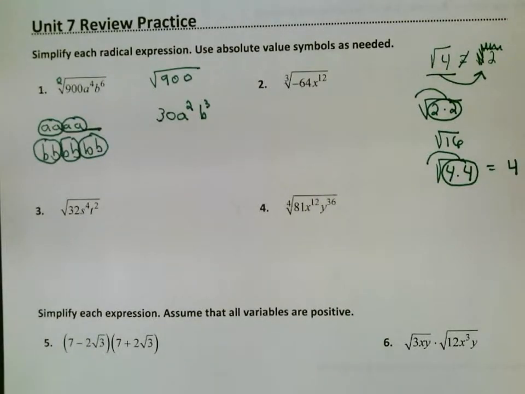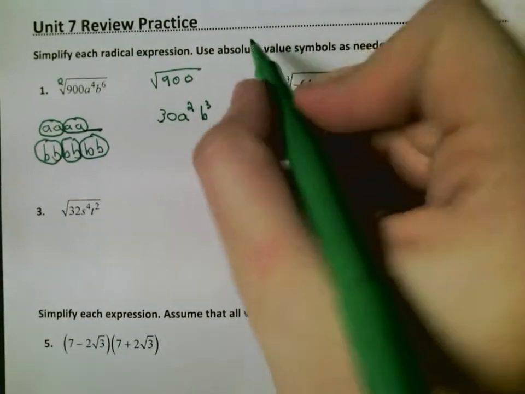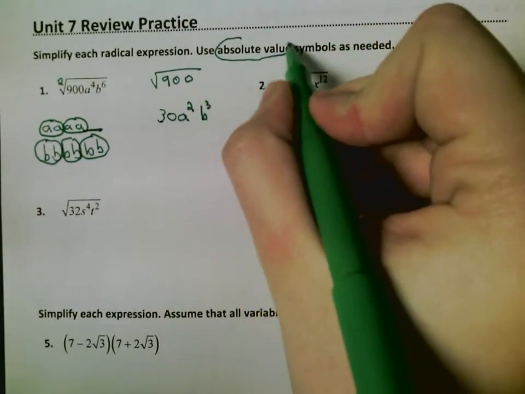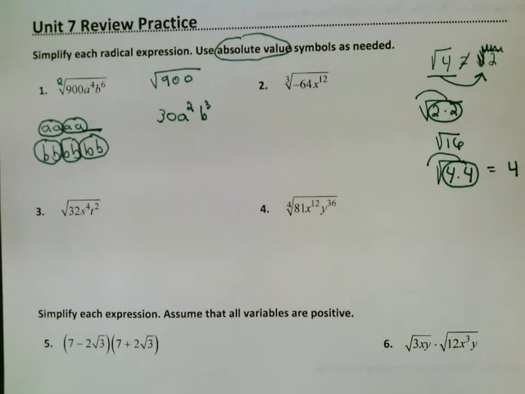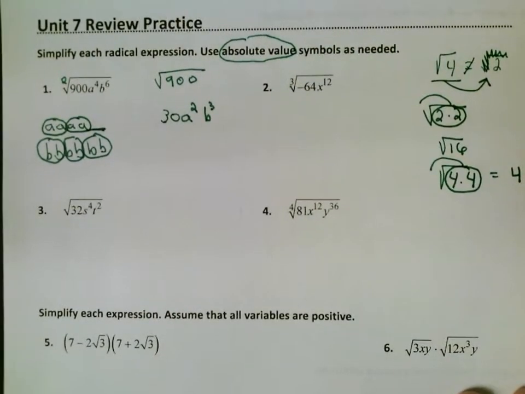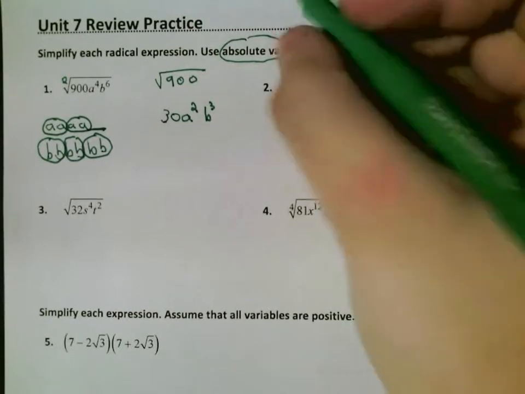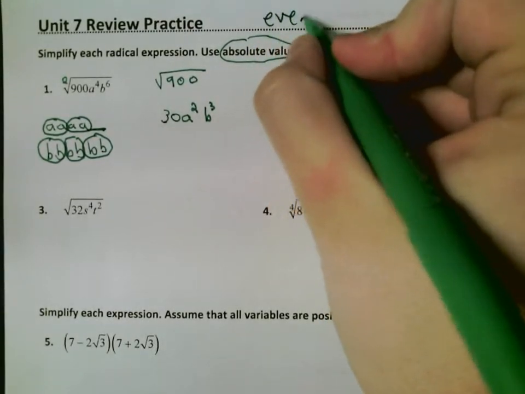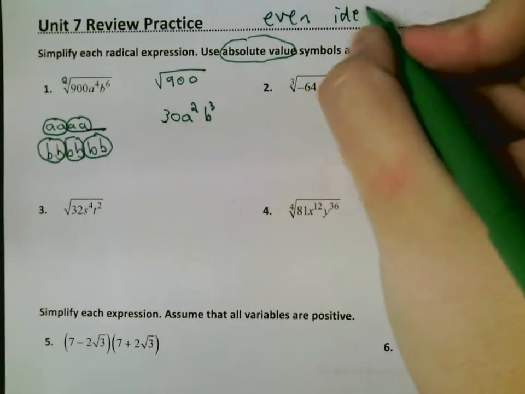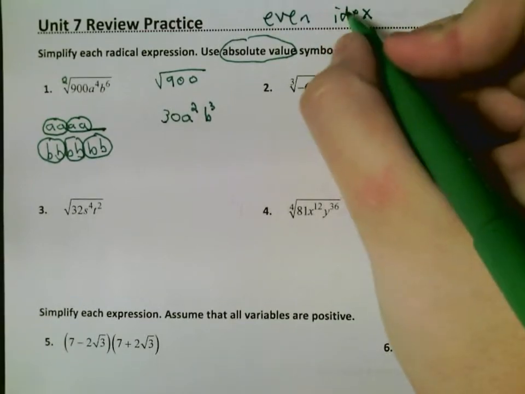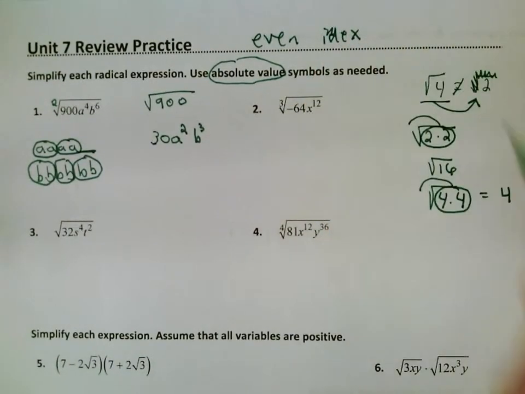I'd like to draw your attention back up to this whole absolute values, which for my classes, we haven't really talked about absolute values for a couple of weeks now, so this could be a good refresher as to what it even means to have absolute values. So absolute values, we only put on even indexes. Indexes, right?